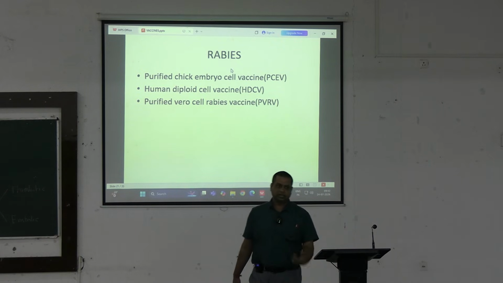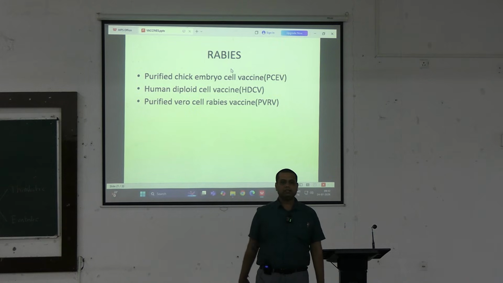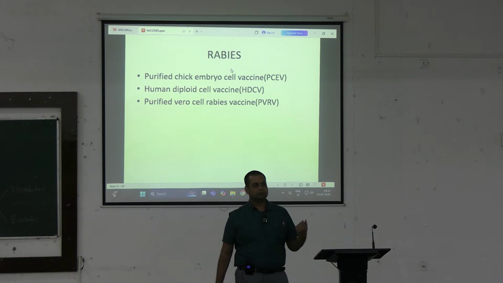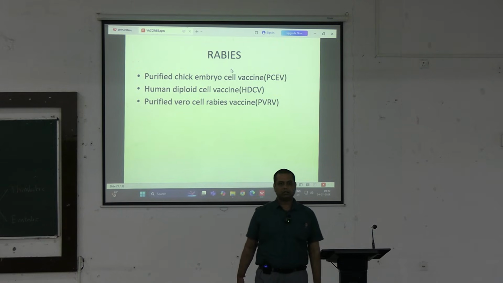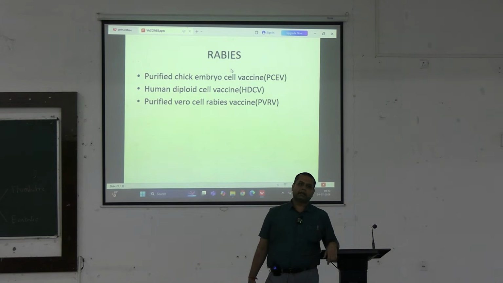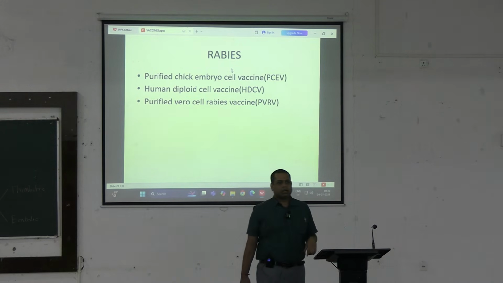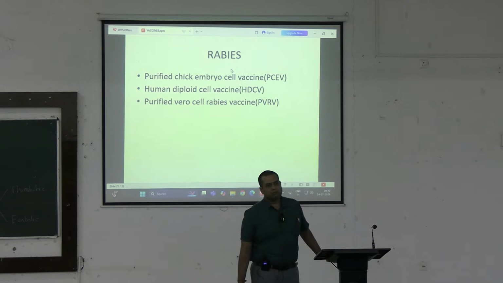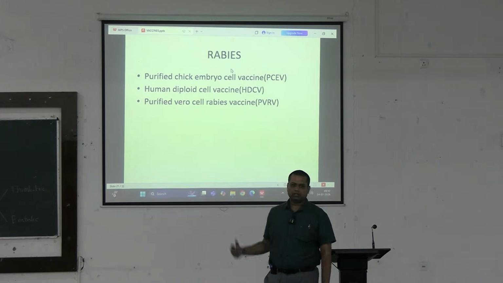So these are the cultures in which the rabies vaccine is raised, hence the names. Earlier there were neural tissue vaccines. Nowadays neural vaccines are not given. Usually the cell culture vaccines are given.